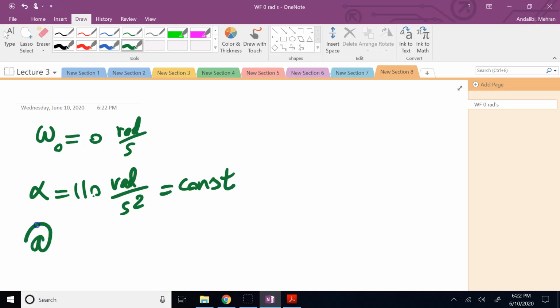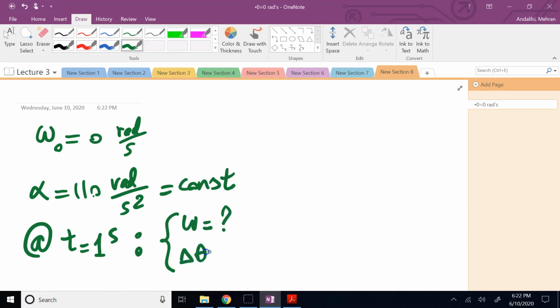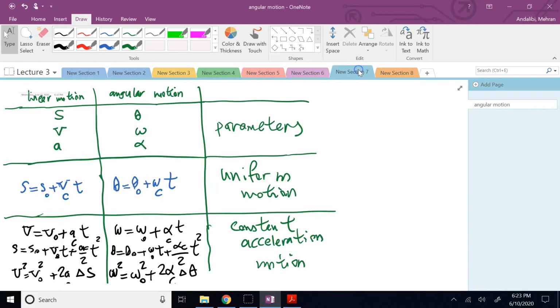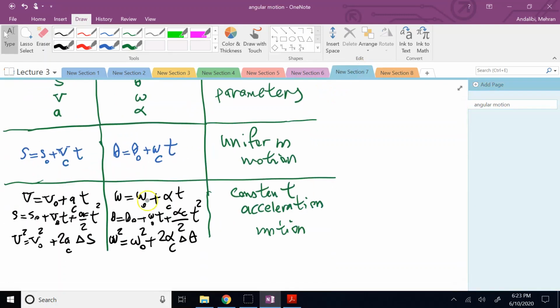I want to know at t equal 1 second, how much is omega and how much has the tire rotated, which is a very simple problem because it's a constant alpha, so I can easily grab these formulas, right? From these three formulas, I can grab any that I need.